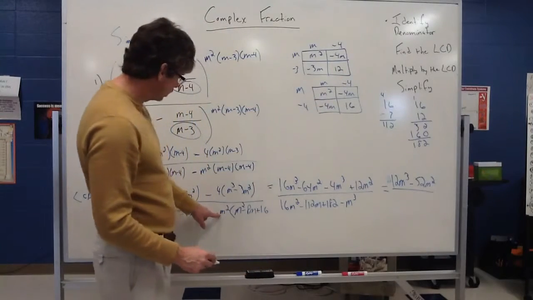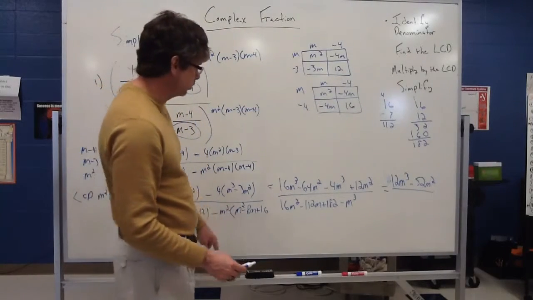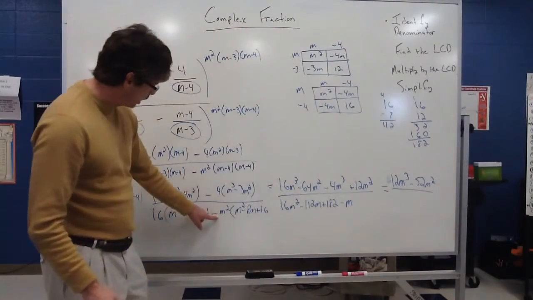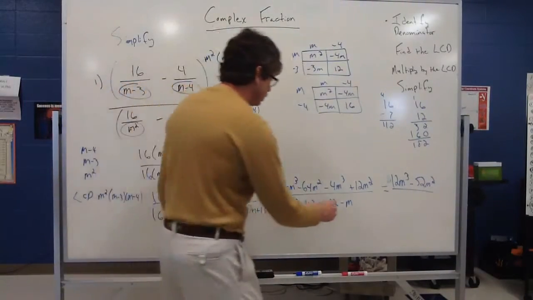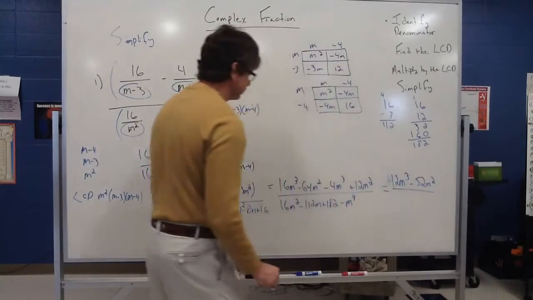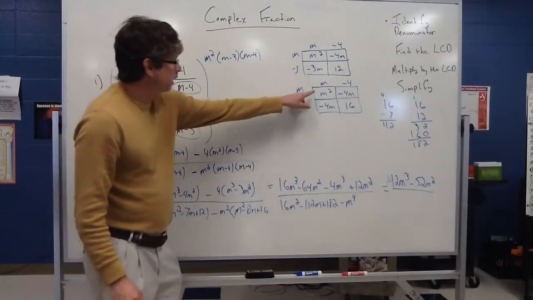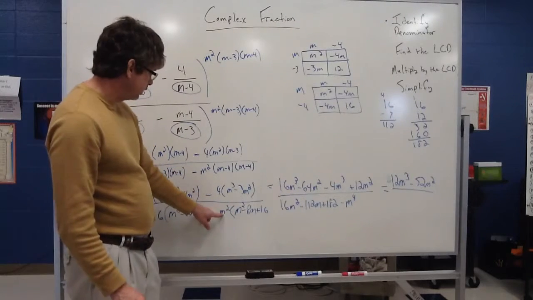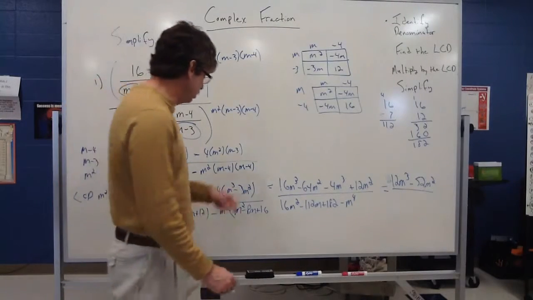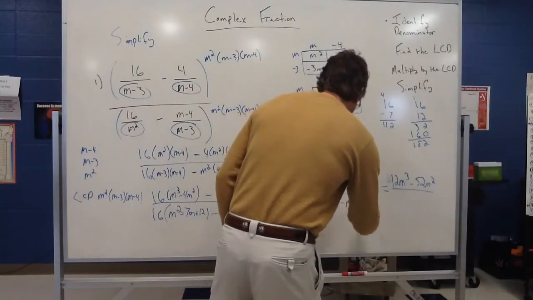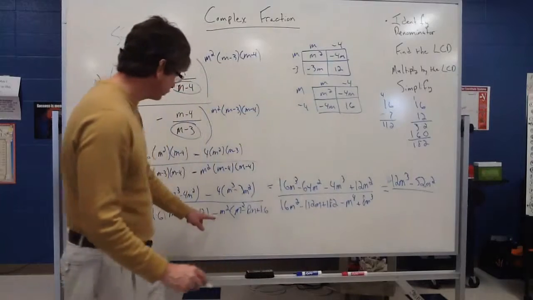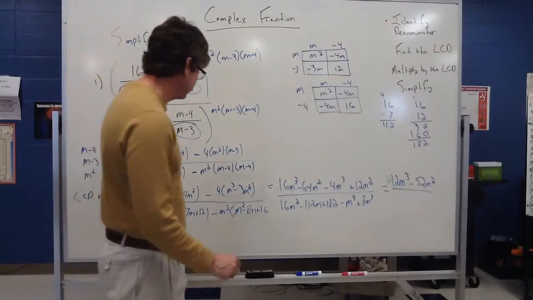So negative m squared times m squared would be a negative m to the 4th power. Forgot to bring that m squared in there, didn't I? There we go. Now I have negative m times negative 8. Excuse me. That will be a positive 8m to the 3rd power. And then I have a minus 16m squared.